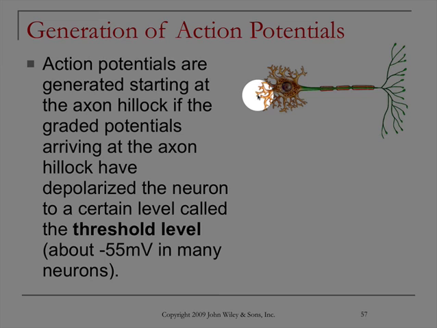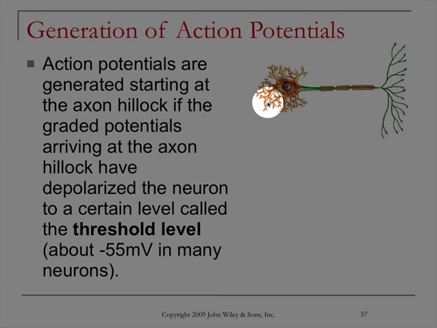So let's suppose we have a stimulus like, for instance, some neurotransmitters that have stimulated the neuron at these dendrites. A graded potential will travel along the surface of the membrane of the dendrites and then along the membrane of the cell body. When the graded potential reaches the axon hillock, if it has taken the inside of the cell up to -55, or the threshold level, then at that point an action potential will travel down the surface of the axon.